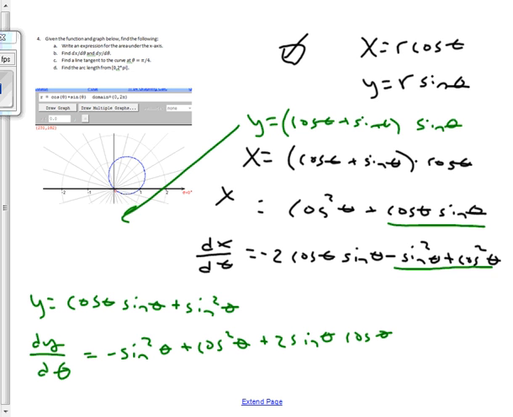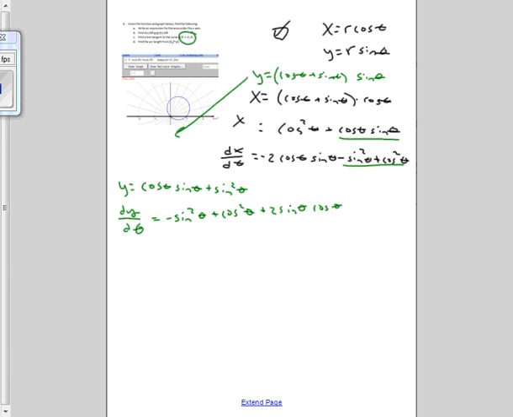The next question says find a line tangent to the curve at theta equals pi over 4. Well, we know that dy dx equals dy d theta over dx d theta.